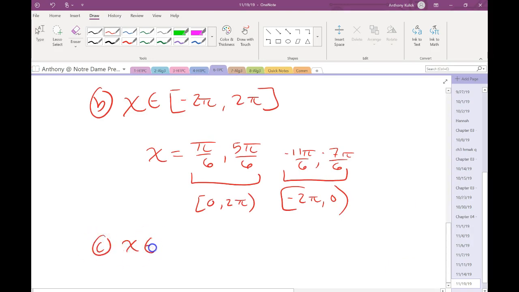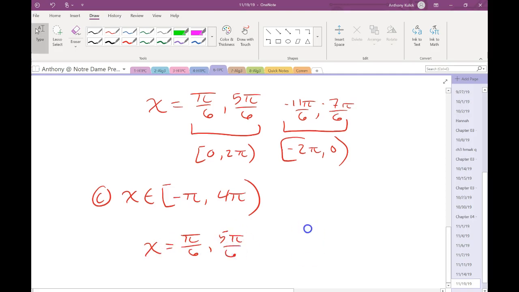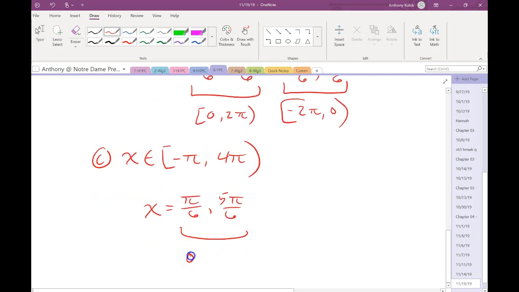What if instead I asked for the x's between negative pi and 4 pi? Well, I know my answers from part A are still good because 0 to 2 pi is still covered by that interval.